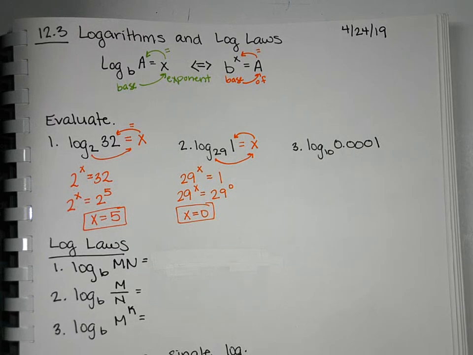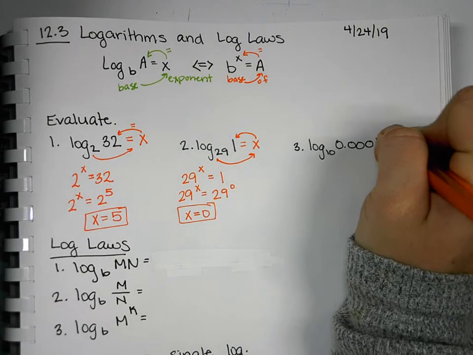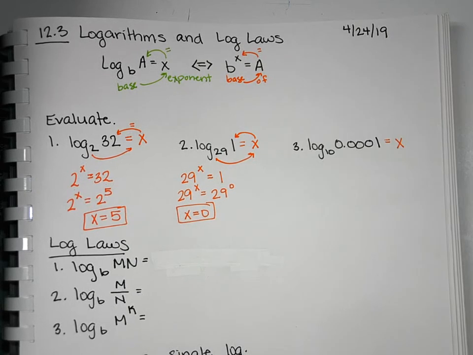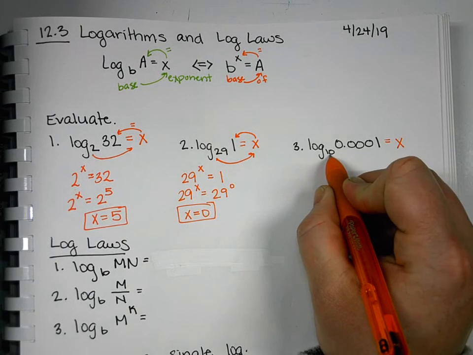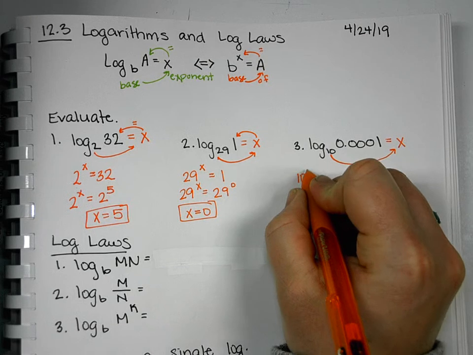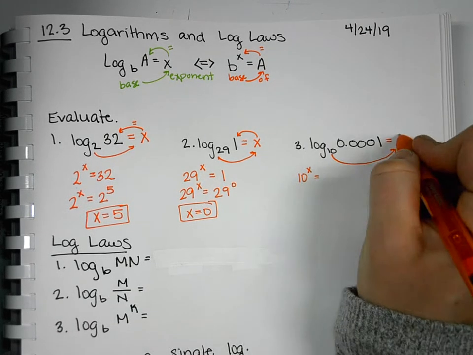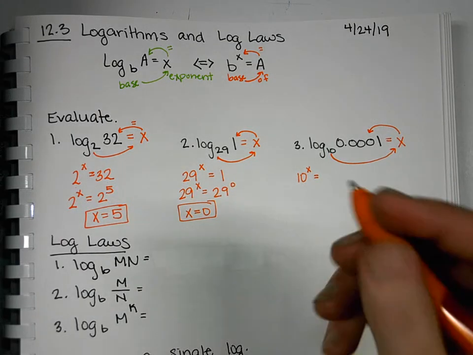Okay, and our last one for evaluating here starts off the same way. We know it has to equal something, so we're going to say it equals x. And then we're going to write it in exponential form. So I have my base of 10 to the x power equals, now I'm going to write this as a fraction because that'll help me when it comes to solving for x.